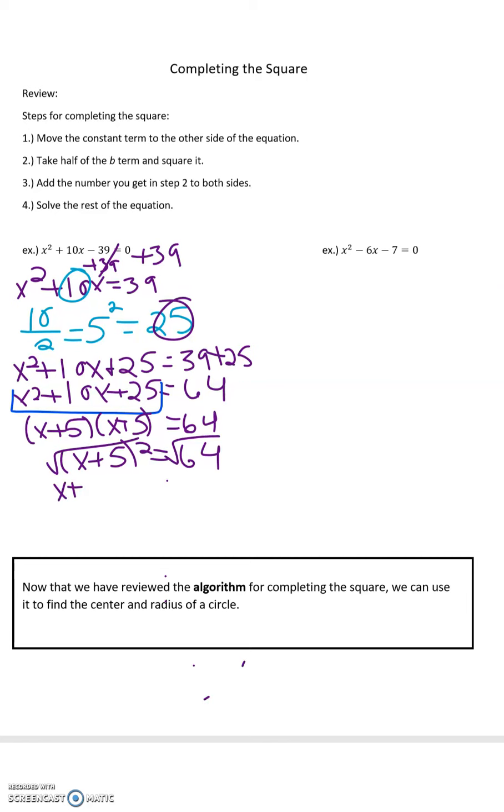Then we get x plus 5 equals plus or minus 8. To solve the rest of the way, we have x plus 5 equals negative 8, and x plus 5 equals positive 8. If we solve for x for both of those, we get x equals negative 13, and x equals 3.